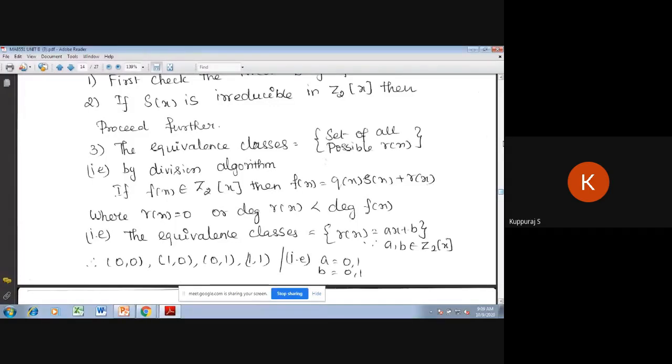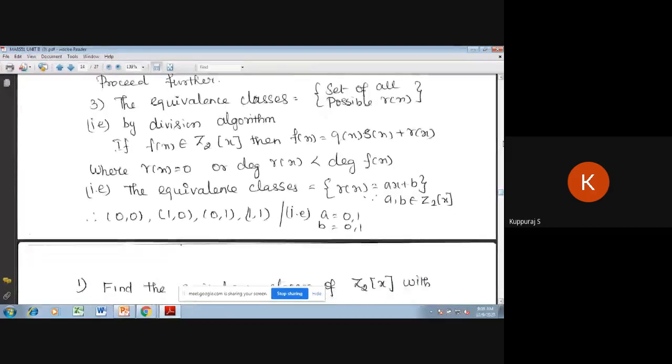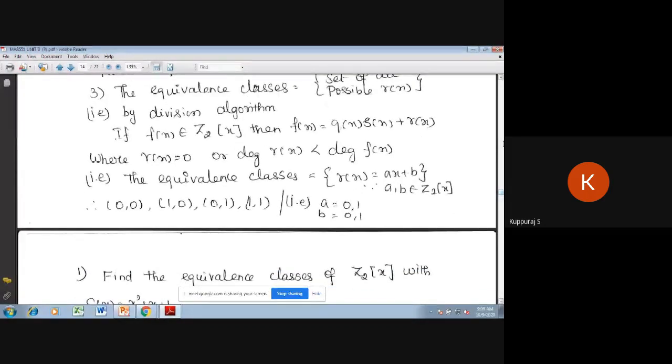Now the equivalence classes over Z2[x]: the form of r(x) is the linear form ax plus b, where the coefficient of the indeterminate x and the constant term a and b belong to Z2. So a may take the value either 0 or 1, and b may also take the value either 0 or 1.